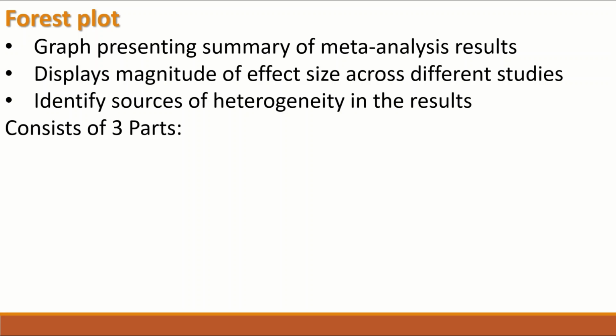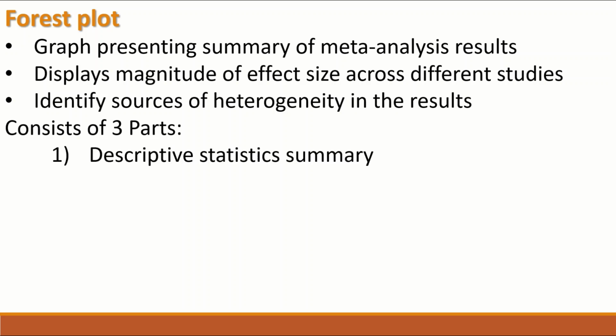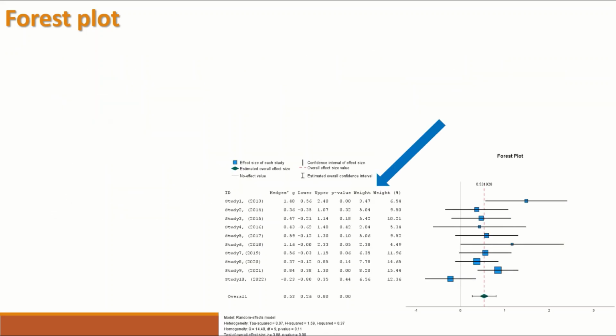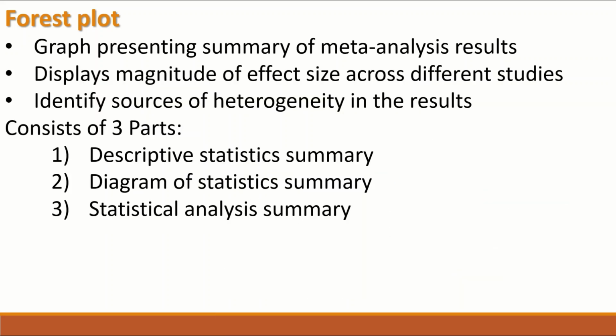The forest plot consists of three important parts. The first part is the descriptive statistics that show the summary. The second part is a diagrammatic representation of these statistics, and the third part is the statistical analysis summary.